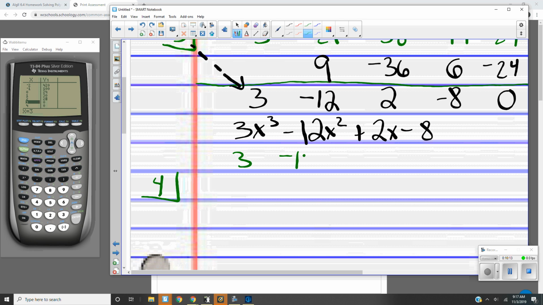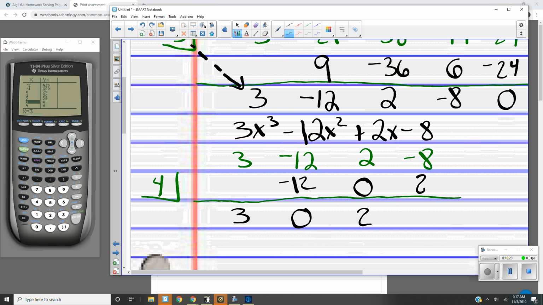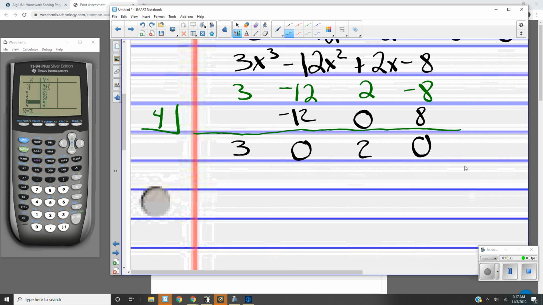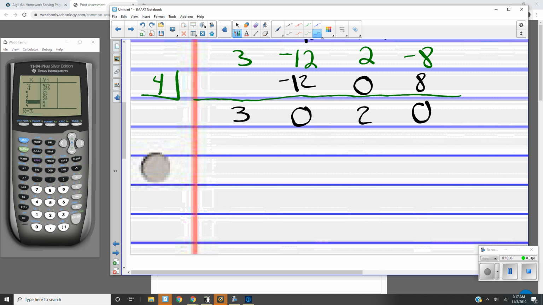And then my coefficients go across the top, no placeholders, so it makes it simple. We're going to add and multiply. So I end up with 3x squared plus 0x, which we don't really need to write, plus 2 equals 0.